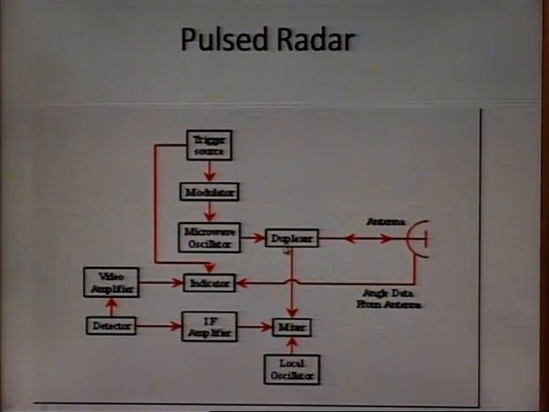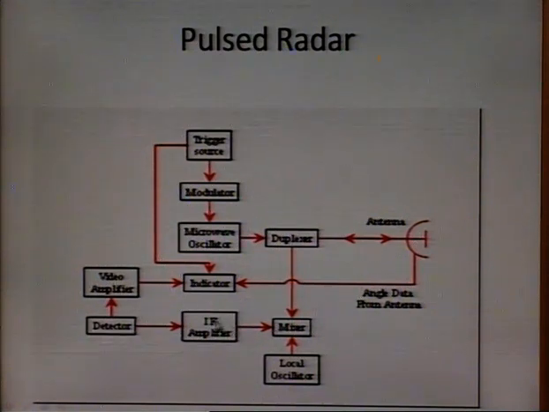Then the duplexer disconnects the transmitter section and connects the receiver section. After getting reflected from the object, the signal is received by the antenna and travels to the duplexer. From the duplexer it goes to the mixer. At the mixer we have the received signal and the local oscillator, which gives an IF.